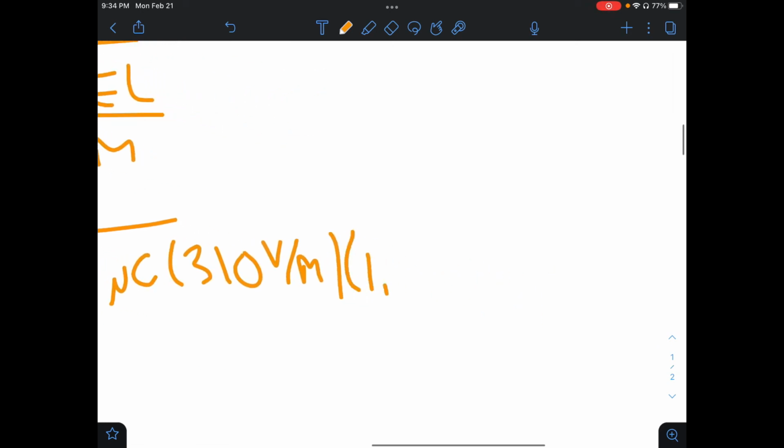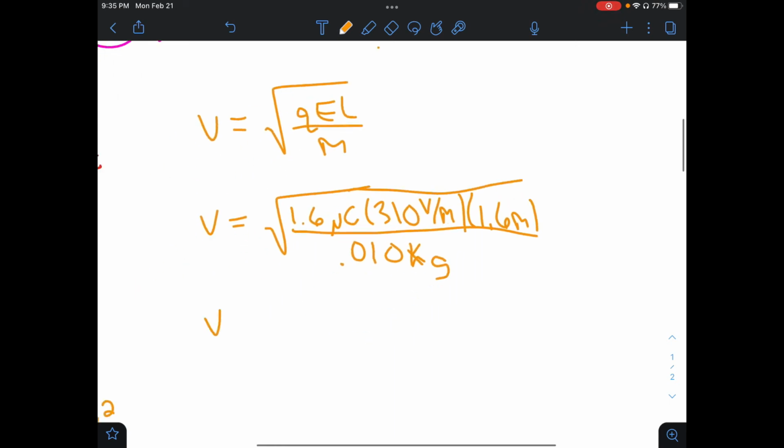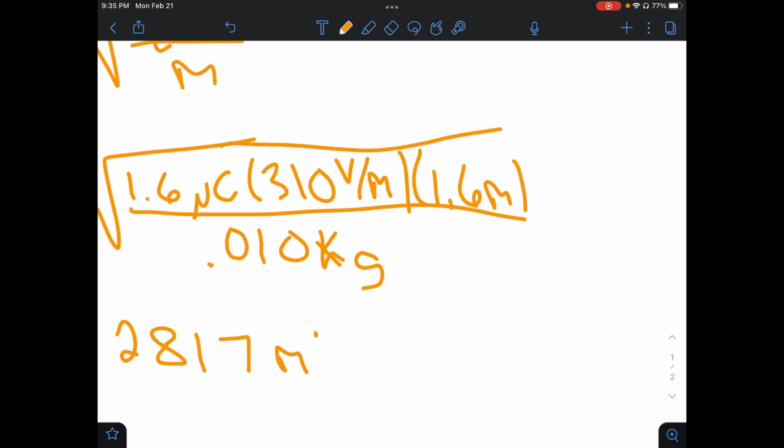And then 1.6 meters, all over our mass of 0.01 kilograms. So v is equal to 2817. I'm going to check this because I haven't done it in a minute. Yep, meters per second.